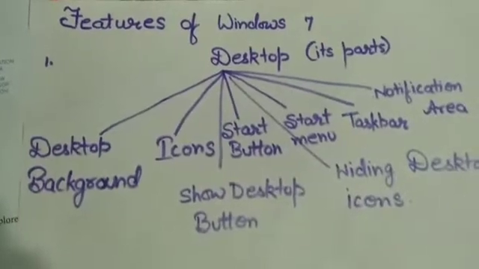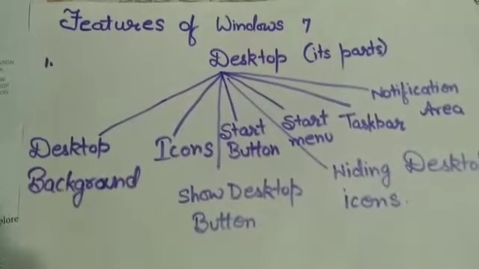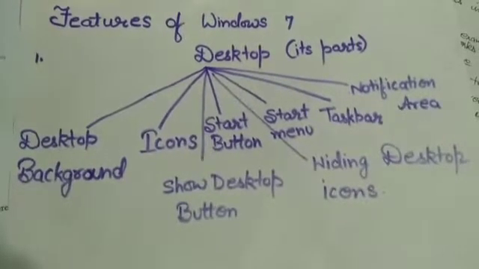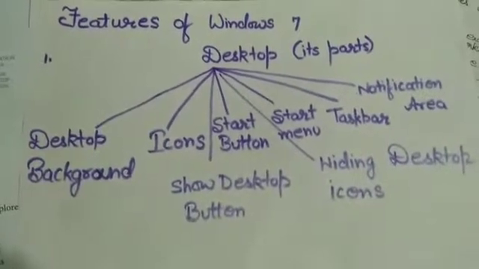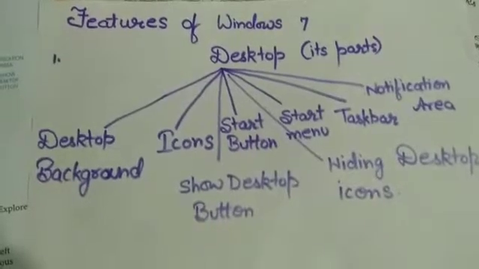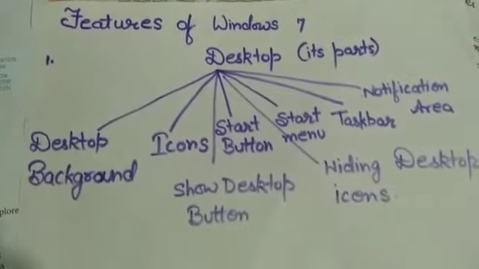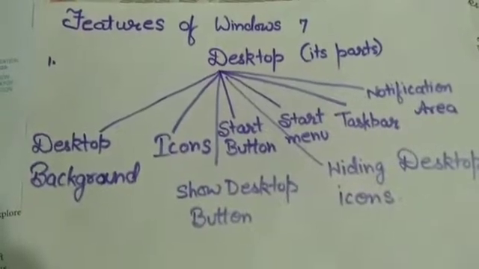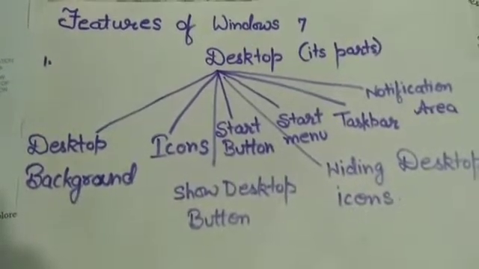Before starting, I would like to repeat all the things we have read about this chapter in the first video. We have read about operating systems and an example of an operating system, Windows 7. Here we are going to learn about Windows 7.